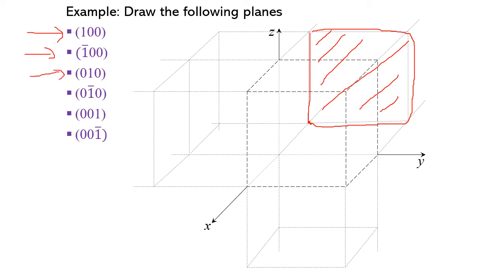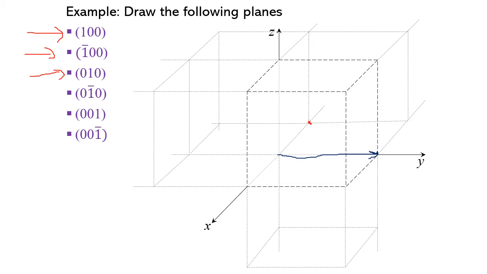0 1 0. So this plane intersects the y-axis at a distance of 1 unit cell edge length away from the origin, towards the y-axis, and then this plane is parallel to the x and z axis. So let me erase this plane.